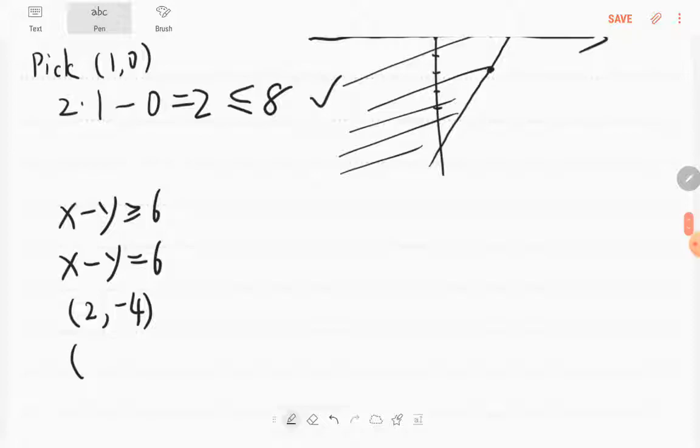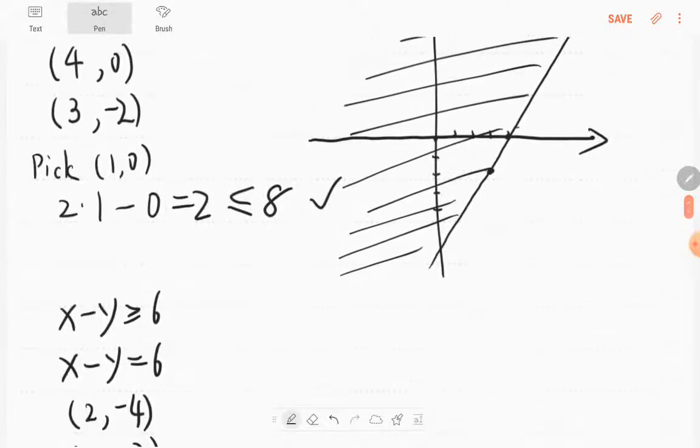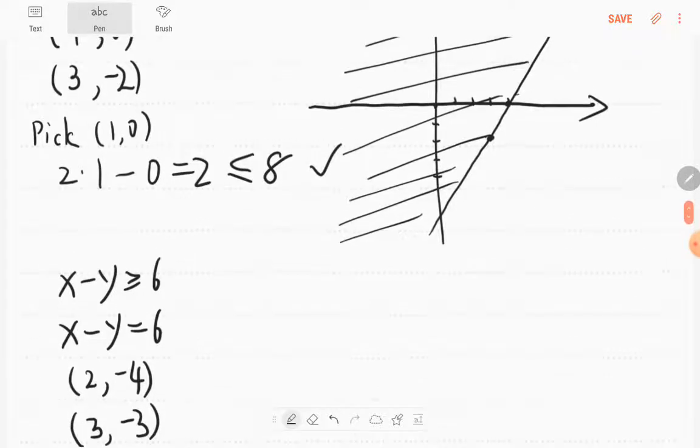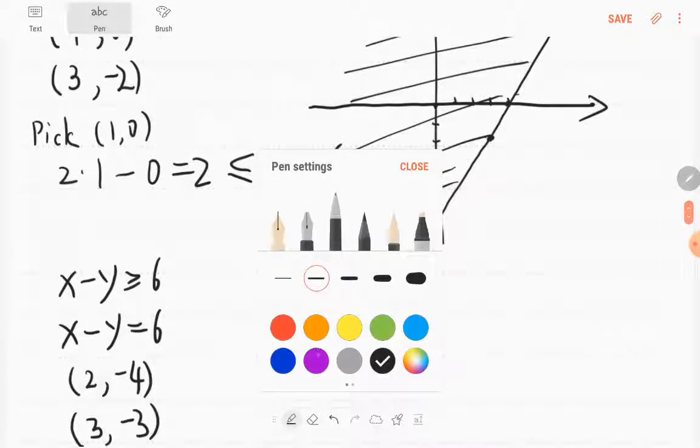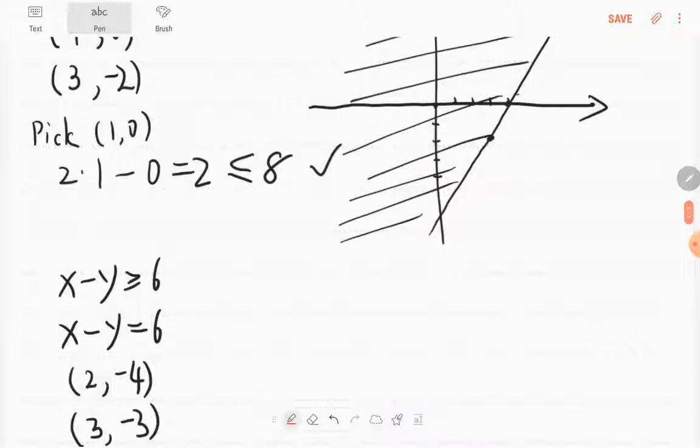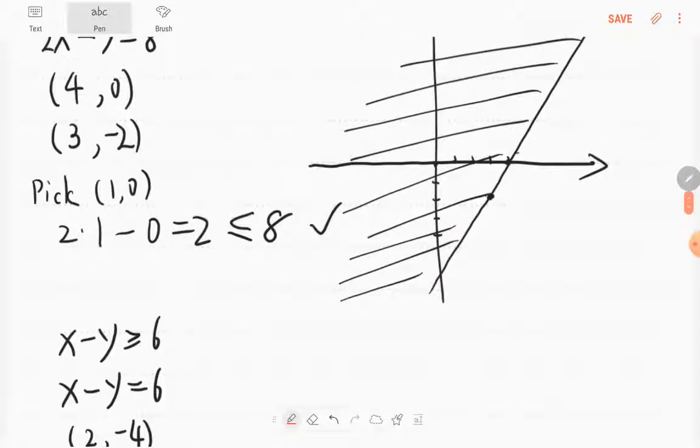You just pick arbitrary points for your convenience. x equals 3, and then y equals negative 3. So we just pick these 2 points. We use another color. 2, negative 4: 2 is here, negative 4 is here.